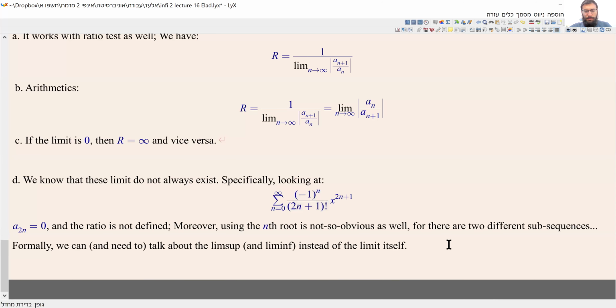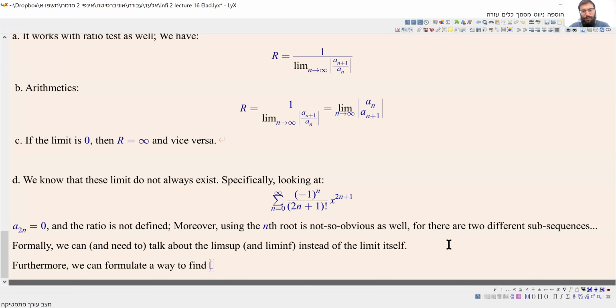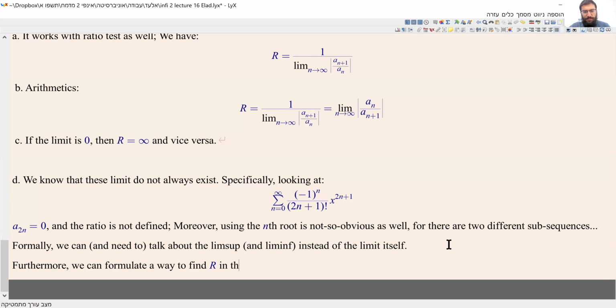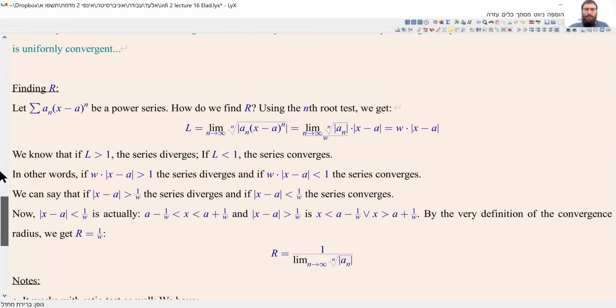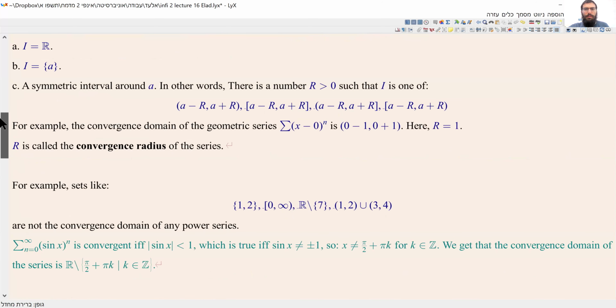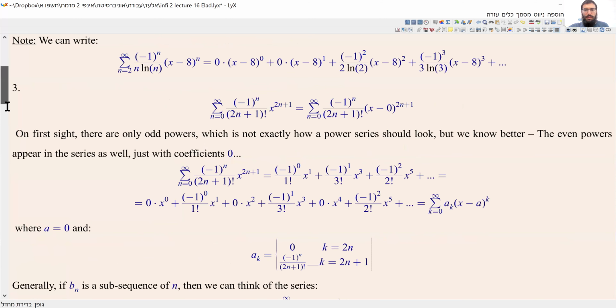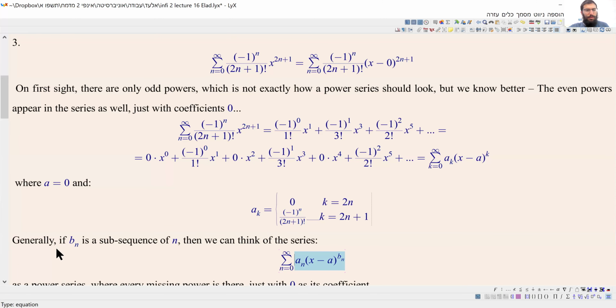Furthermore, we can formulate a way to find R in the general case of x minus a to the power of some bn, and not just n, as mentioned earlier.